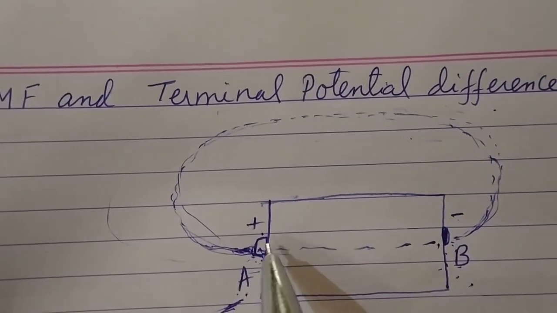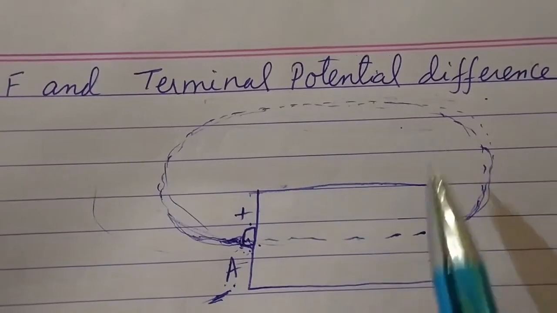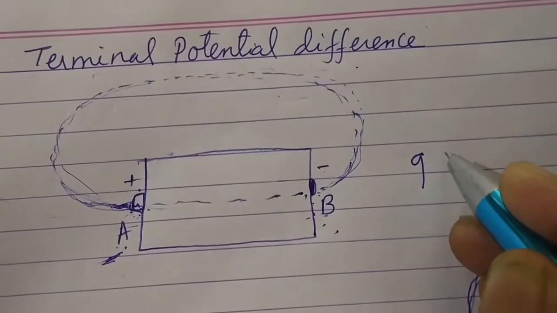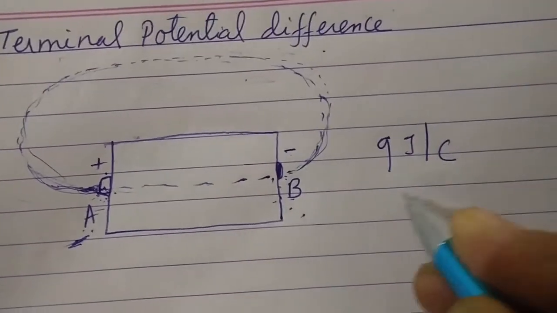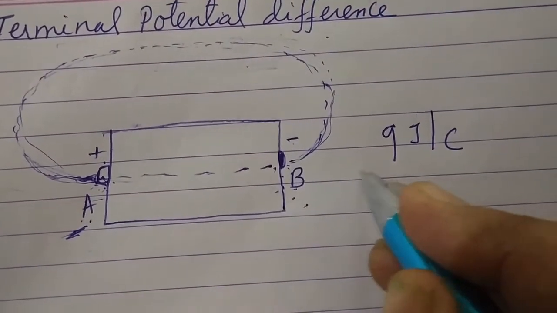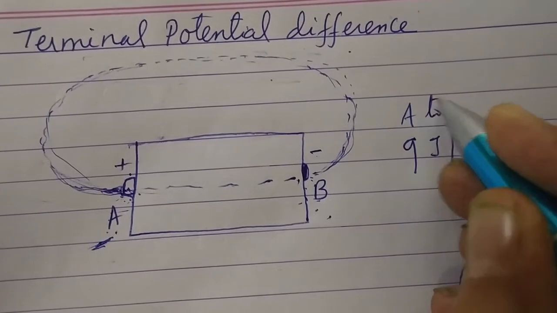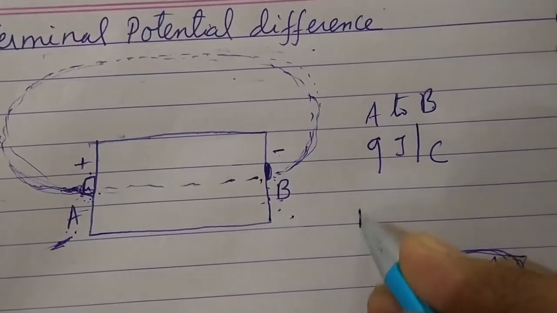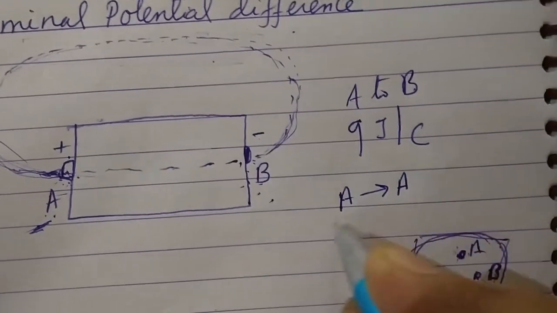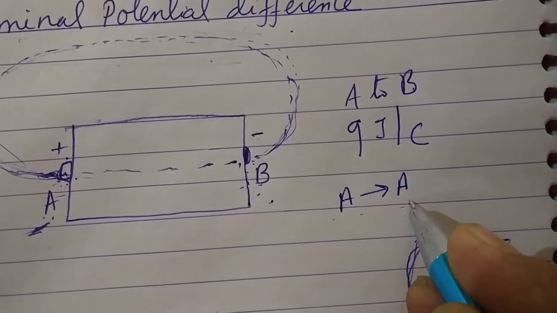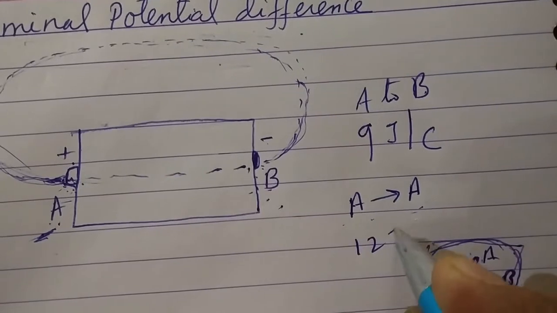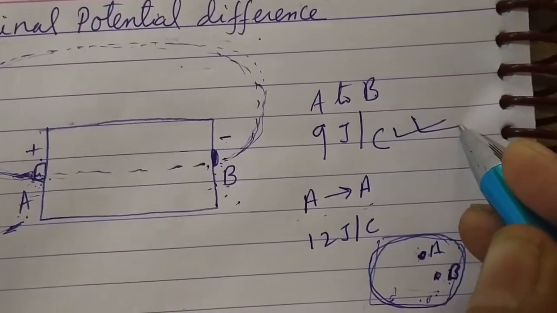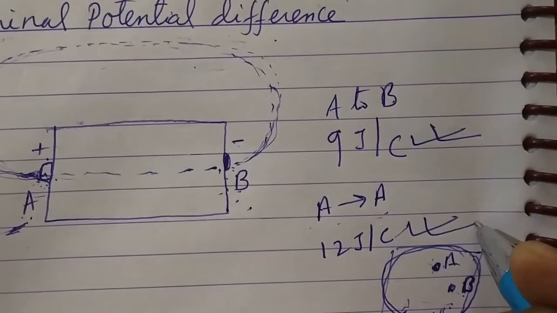Suppose the amount of work done from A to B is 9 joule per coulomb. And the amount of work done to move a charge from A to A is 12 joule per coulomb. So this is terminal potential difference and this is EMF of the cell.